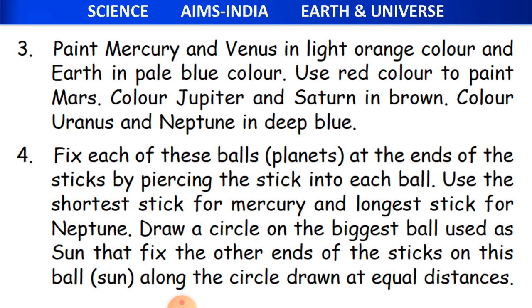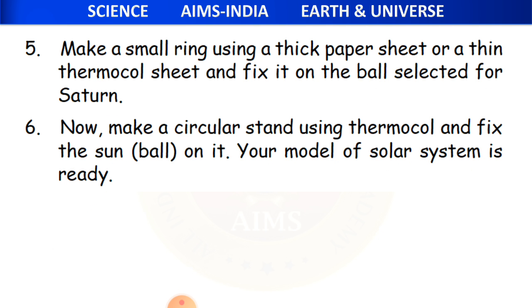Then you can fix all these balls by piercing a stick into each ball. At the end, you can draw a circle on the biggest ball, which is used as the sun, and fix the other ends of the sticks on this ball, the sun, along the circle, which is drawn at equal distances. Because Saturn has a ring, children, you have to make a small ring.